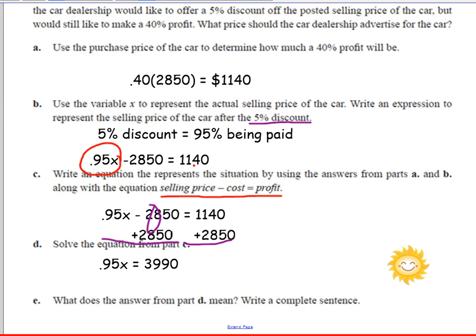And so now we need to divide off the 0.95 and we get an answer of x equals 4,200.